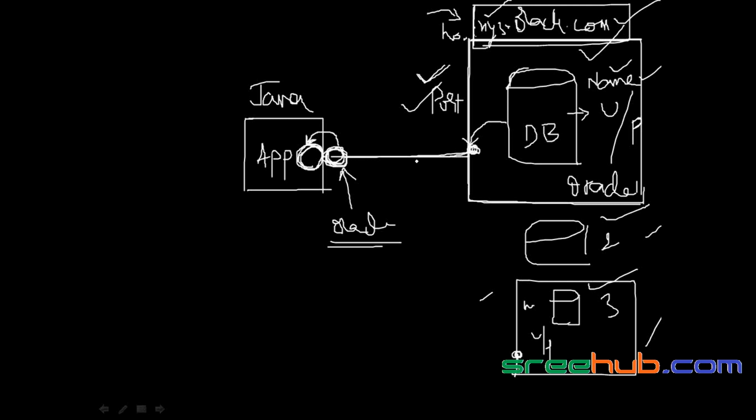So this is how you connect to your database. Okay? Now if you give some other server name and database of that server, then obviously you will get a connection to that database.